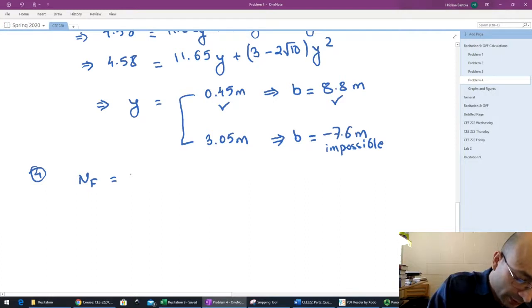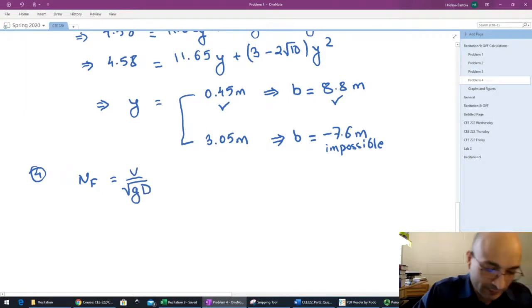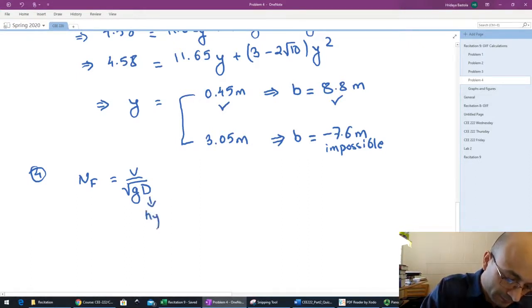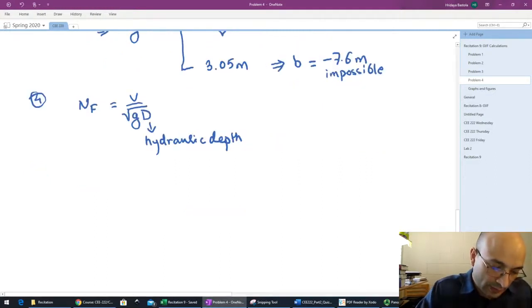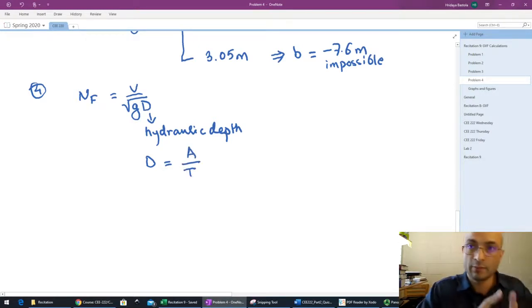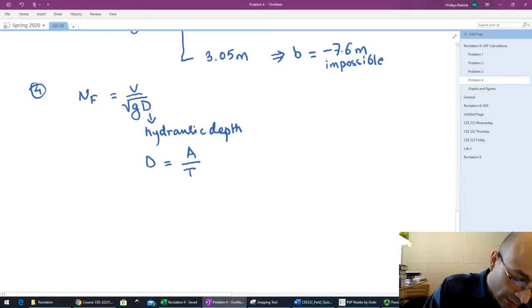So using Froude number equation, v over square root g d. The difference here is, since this is not a rectangular channel, we want to use hydraulic depth instead of the actual water depth. So to calculate hydraulic depth, we start with the definition. Cross-sectional area divided by the top width of the channel is your hydraulic depth.